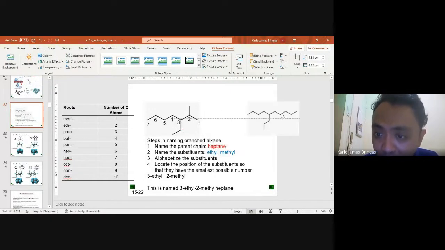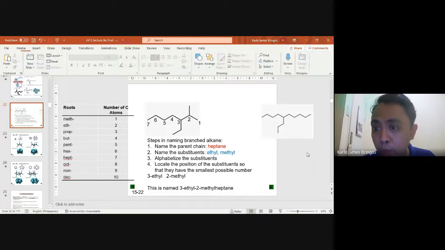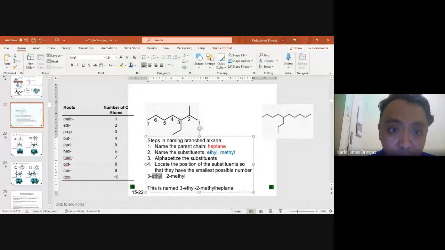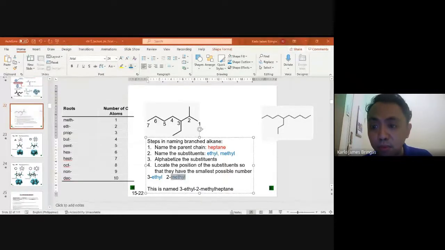So looking at this structure over here, so can you please name this one for me? Again, please use the steps that we have right over here. Please type your answers at chat box.